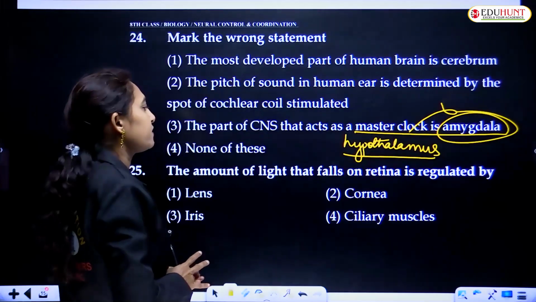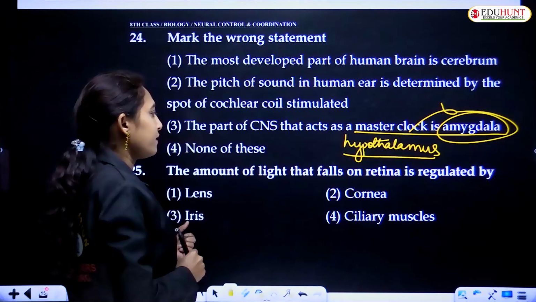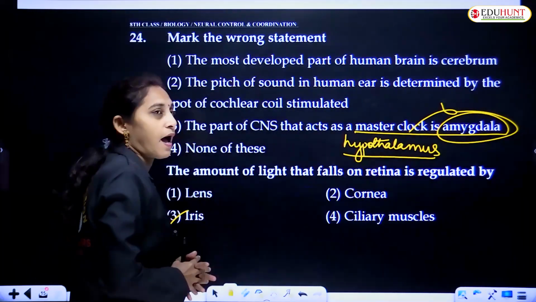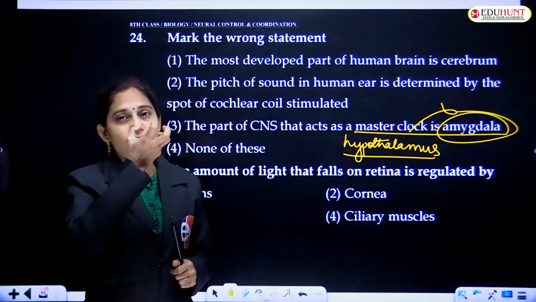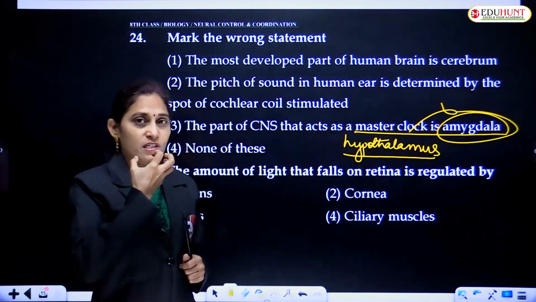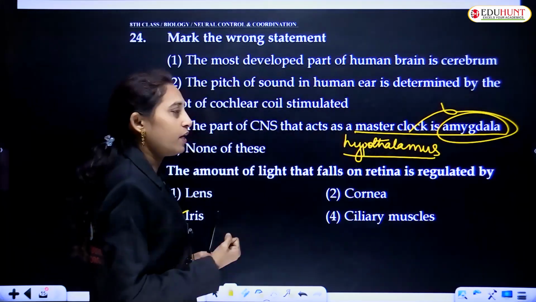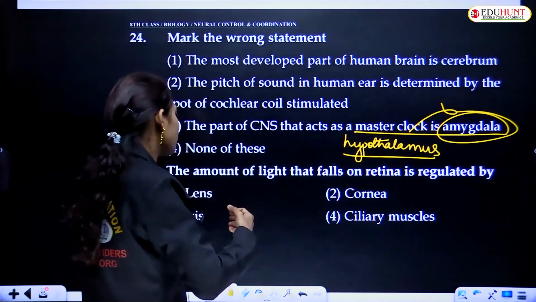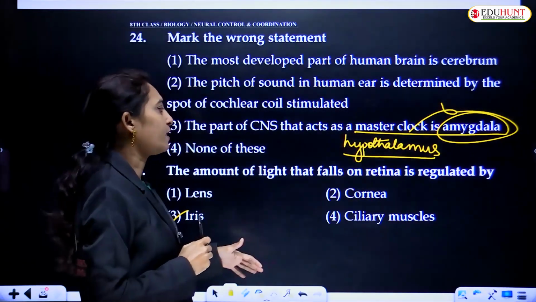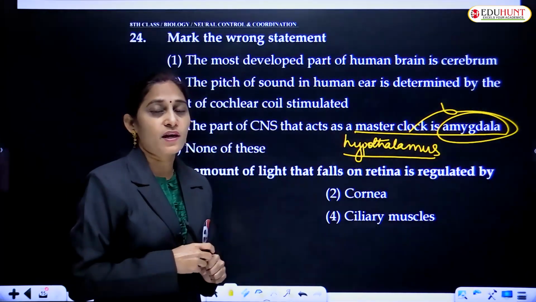The amount of light that falls on the retina is regulated by lens, iris, cornea or ciliary muscles. The answer is iris. It protects, receives the light signals, filters them, transfers the light to the retina, and regulates the intensity of the light that falls.